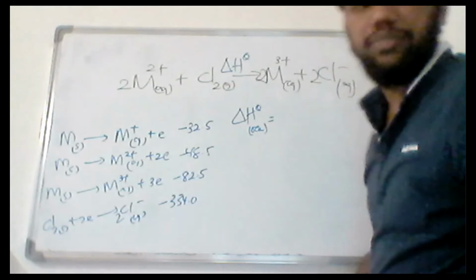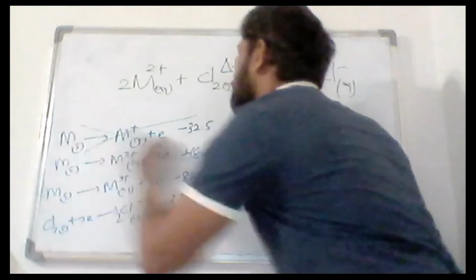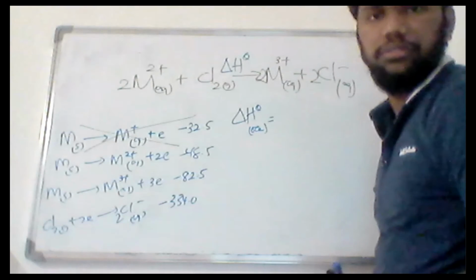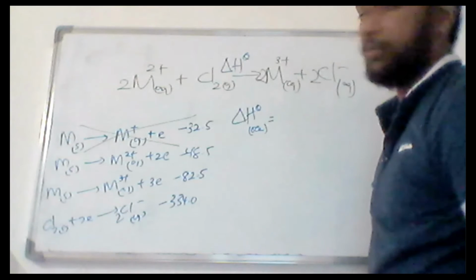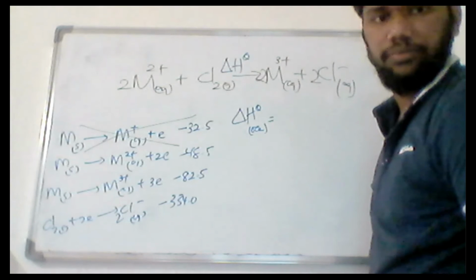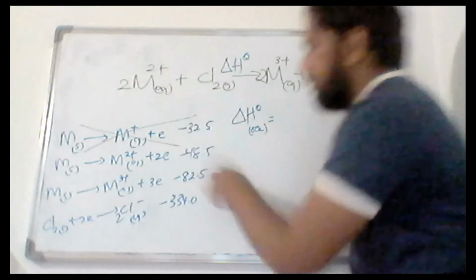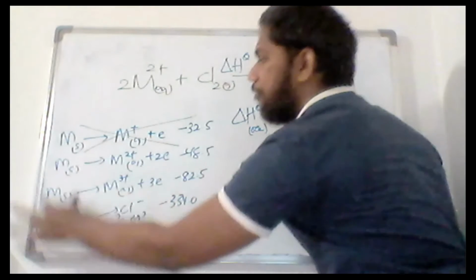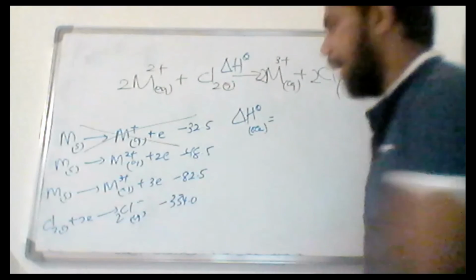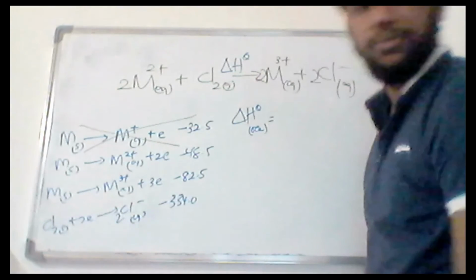So we are not going to use this one. We don't need this one, because in the reaction you only see M2+ and M3+, and these two are formed from M solid. And this is formed from Cl2.